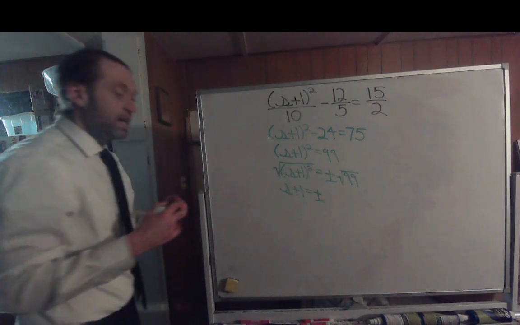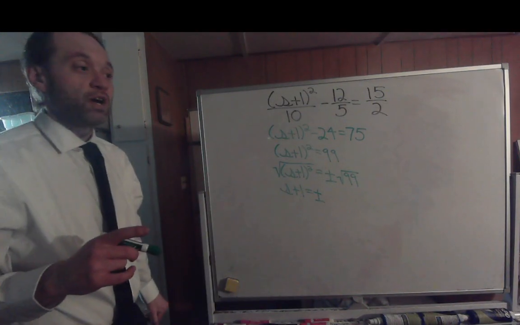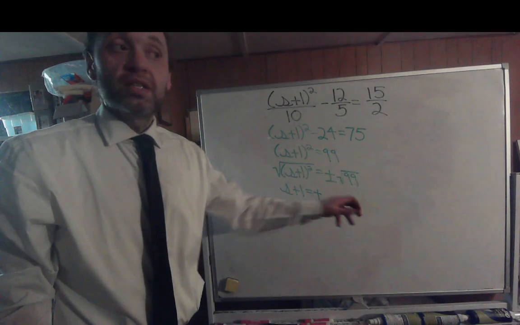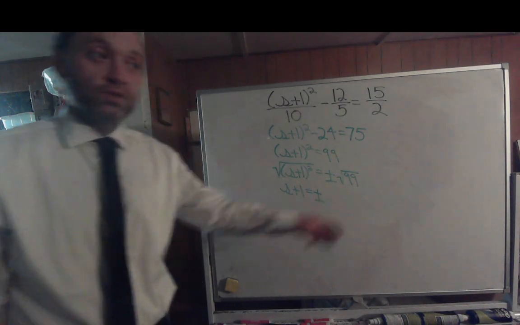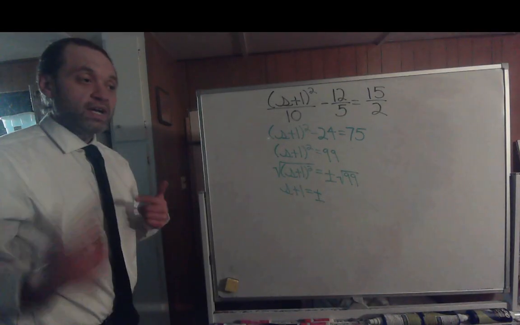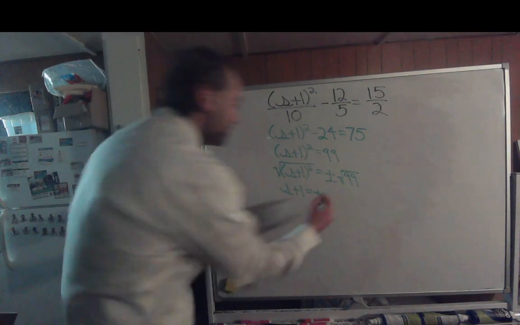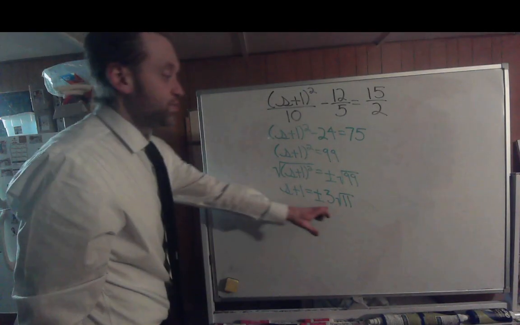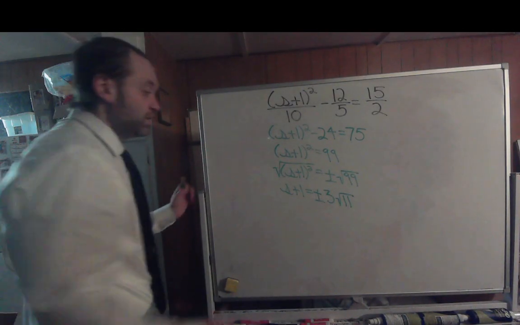Now, the square root of 99 itself is not a perfect square, but we have factors of 99 of 9 and 11. 11's not a perfect square, but 9 certainly is. So the square root of 9 times the square root of 11 would equal 3 times the square root of 11. So s plus 1 equals plus and minus 3 times the square root of 11.